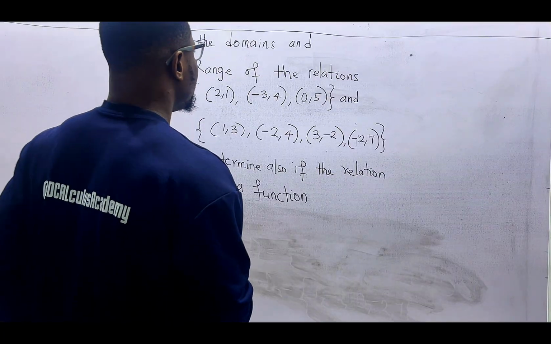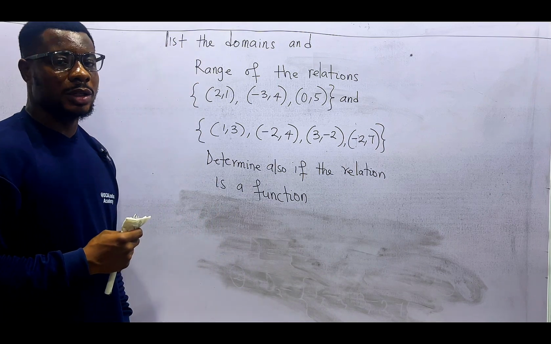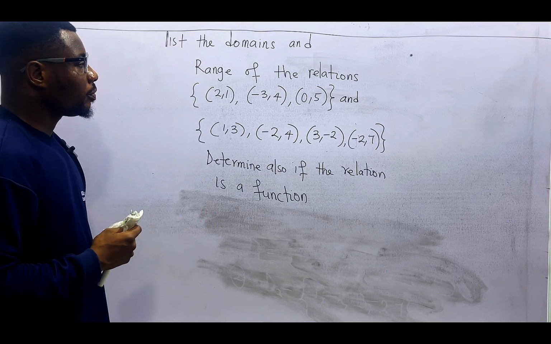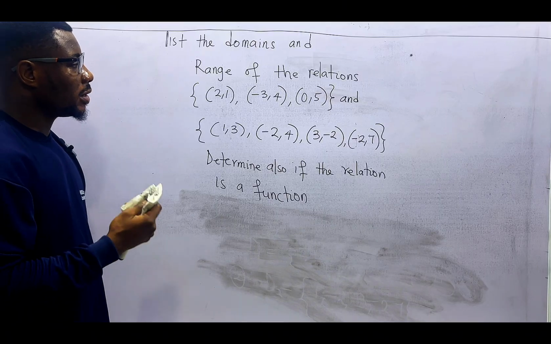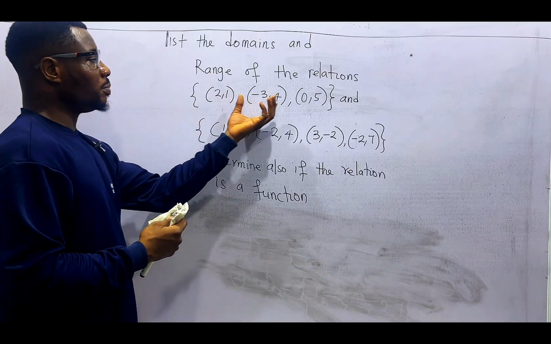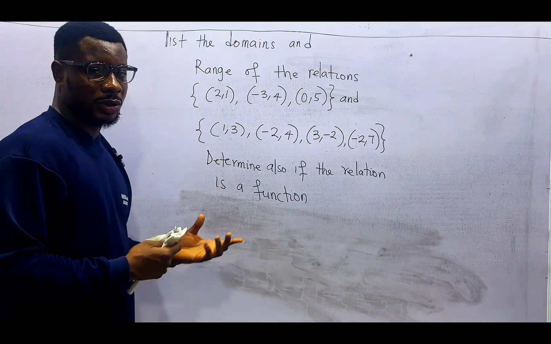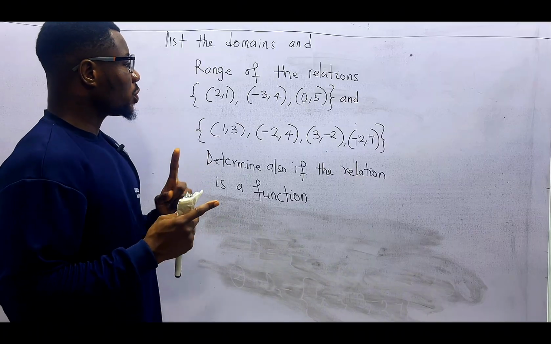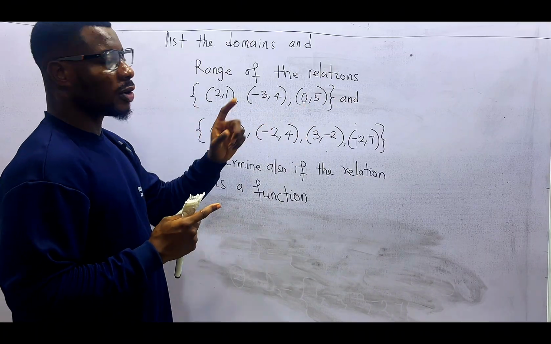What we have here is a question that tells us to list the domains and range of the relations. We said already that a relation is a set of ordered pairs. So these sets of ordered pairs here are said to be relations. There are two different relations on the board. Remember, I told you that when you have a relation, the first elements are called the domain.